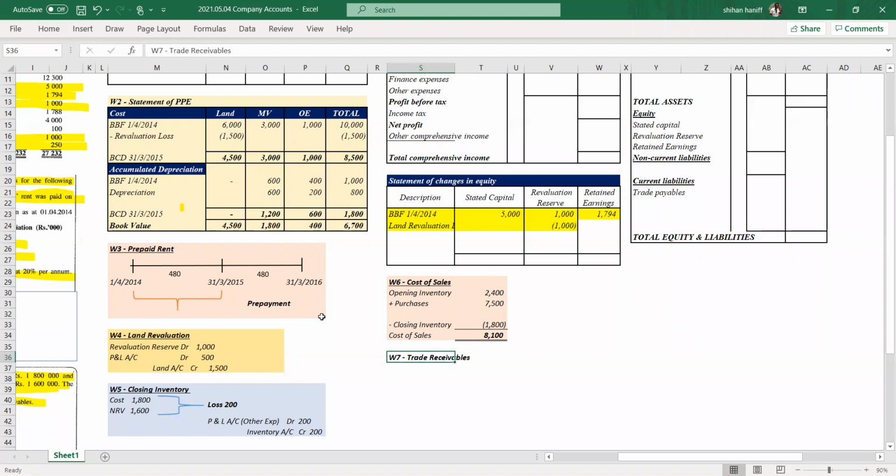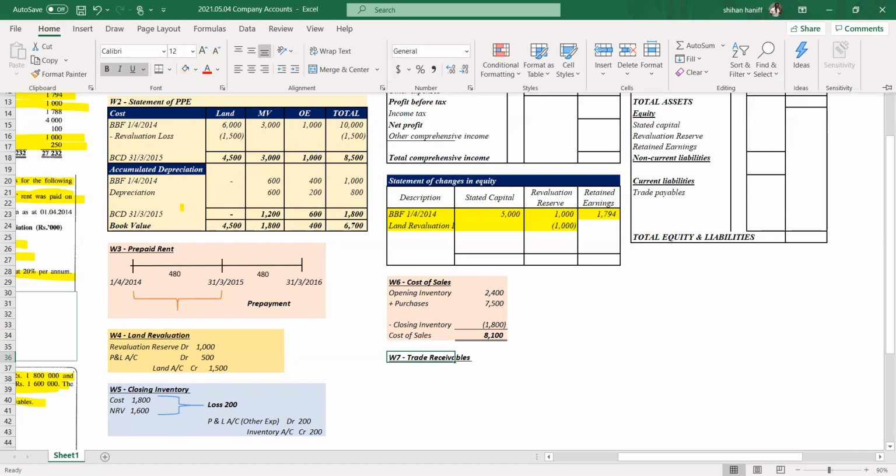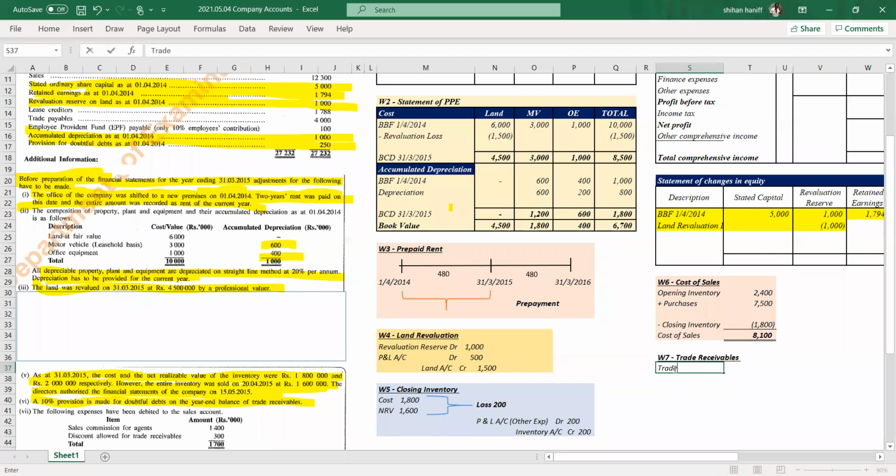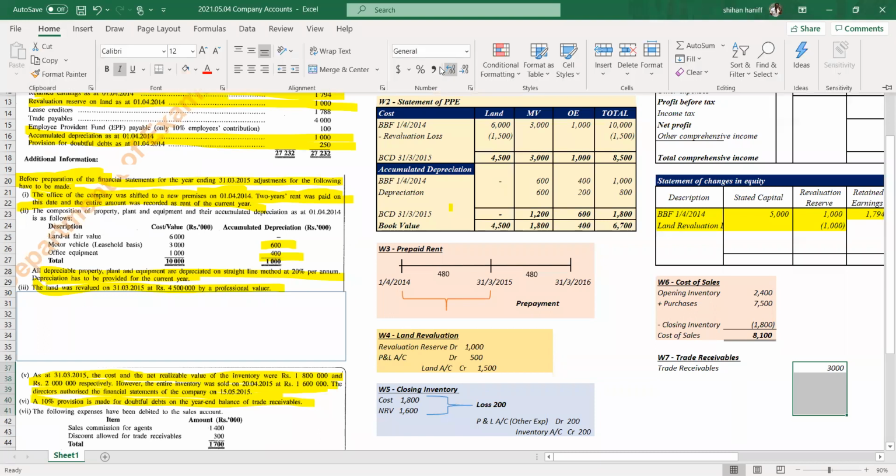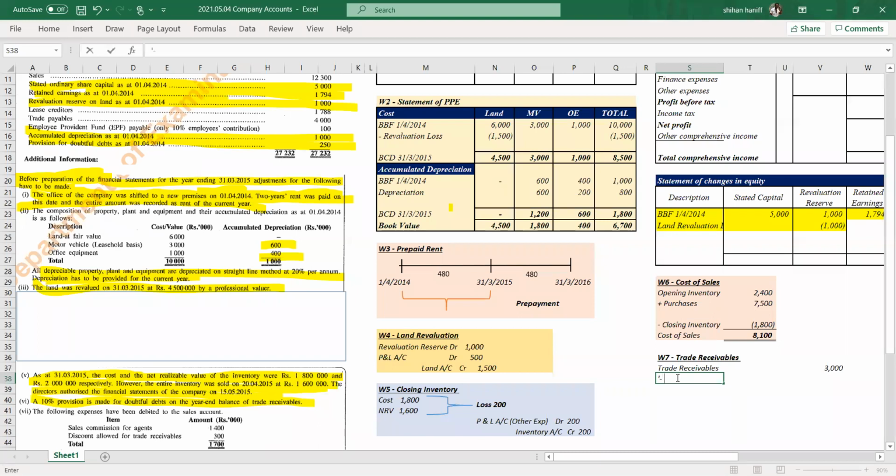Trade receivables, there is a balance of 3,000. Trade receivables minus provision for doubtful debt, and we call allowance for receivables.